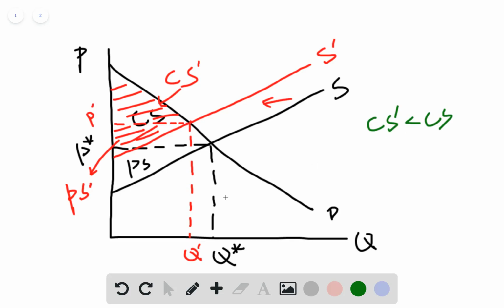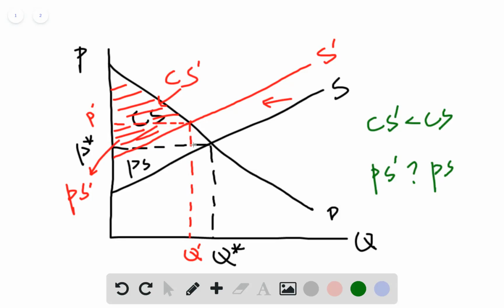Okay, but the influence on producer surplus, the producer surplus afterwards compared with the producer surplus before, basically is ambiguous. Why is it ambiguous? Think about the price increase. The price increase is actually beneficial to the producer, right? So if there's only a price increase, we would expect the producer surplus to increase.